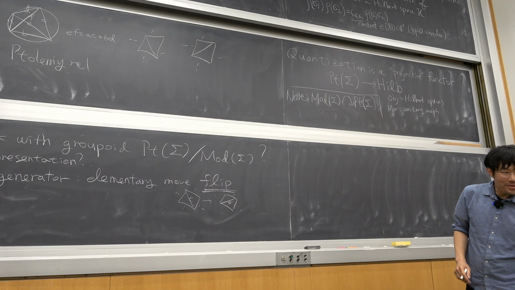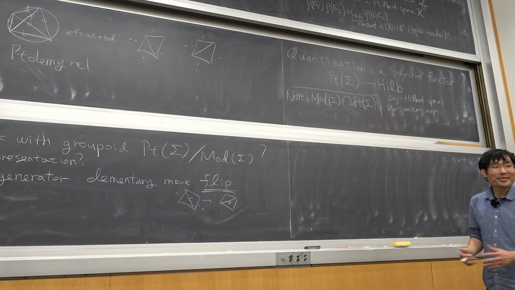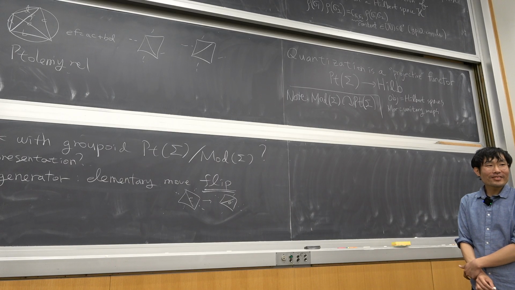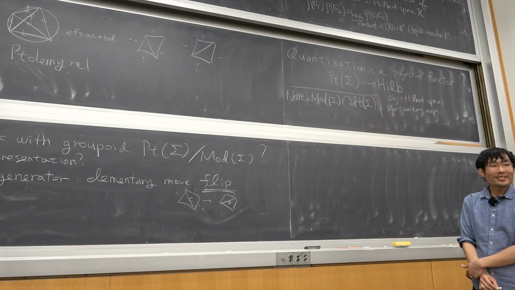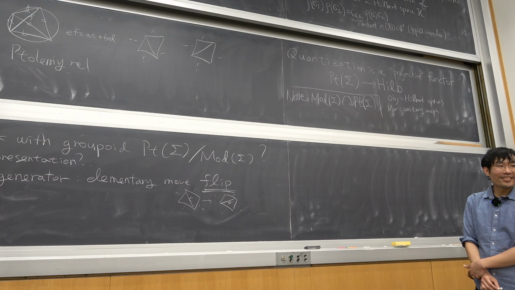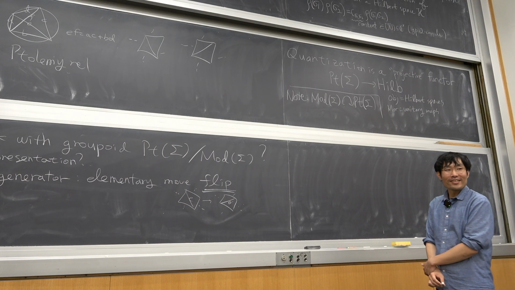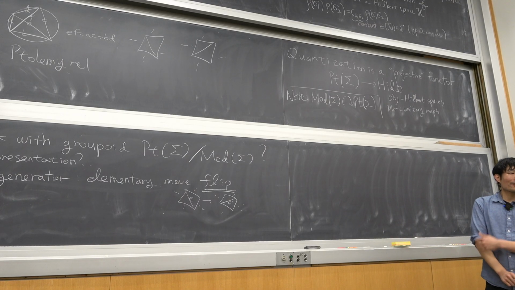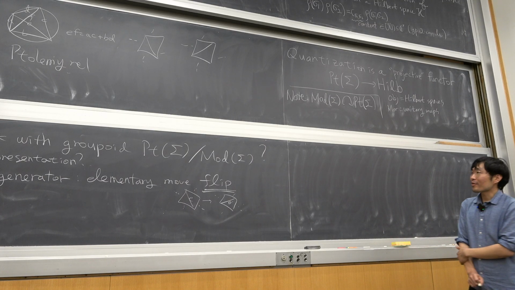So what is your concern? Let's say when there's only one puncture. If there is only one puncture, yes, I agree that there is, in some sense, only one triangulation. But if there are many punctures, there can be more. So you can count how many edges are added.